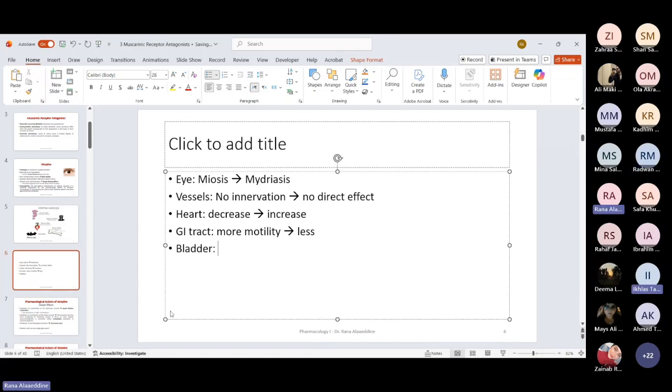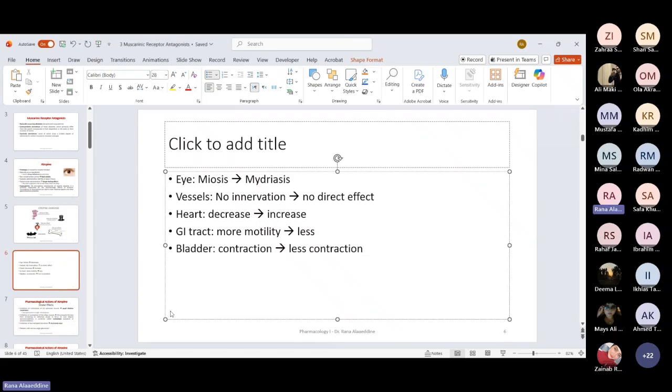Contraction. That's right, 100%. Remember, in parasympathetic, this is urination that can happen. So this is contraction of the urinary bladder. So if I block this means that there is less contraction. Okay?